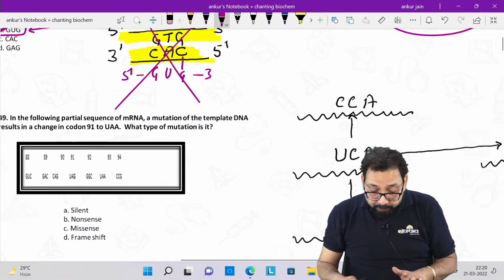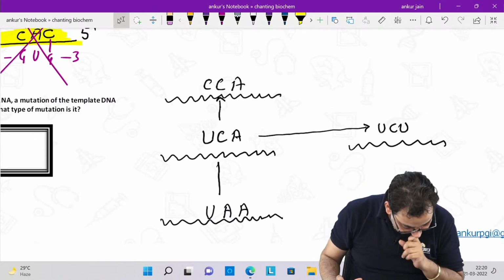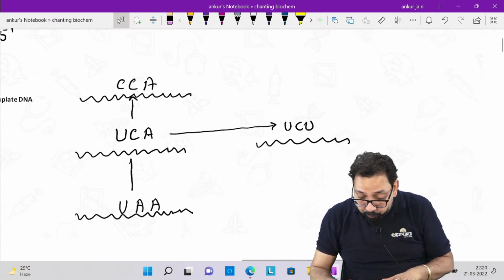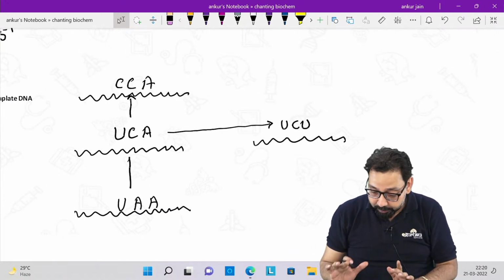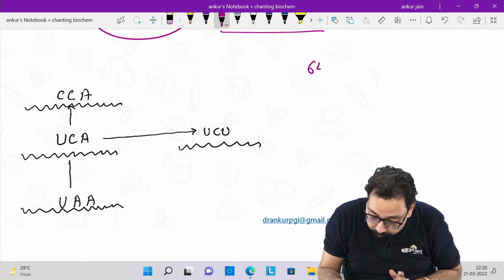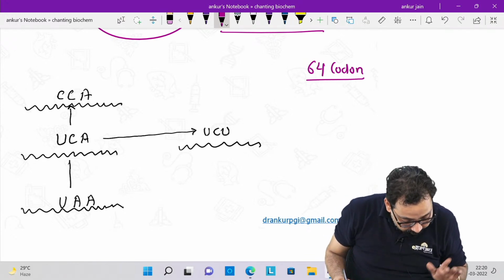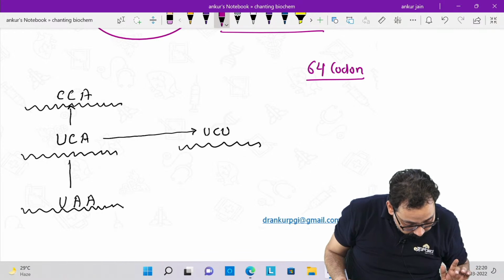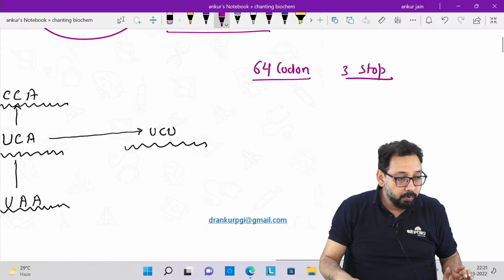Now, this is mutation. Let me tell you the mutation. What is mutation? If nucleotide is changed. There are 64 codons. Out of 64 codons, 3 are stop codons. Which are stop codons?